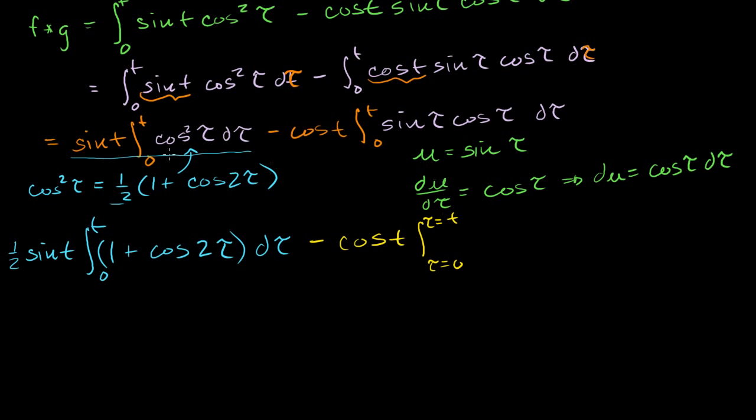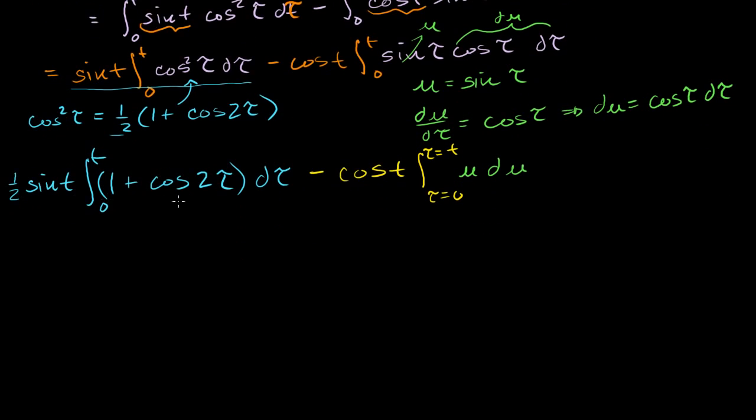If u is equal to sine of tau, then we showed that du is equal to cosine tau d tau. So this thing right here is equal to u du. And let's see if we can do anything useful now.